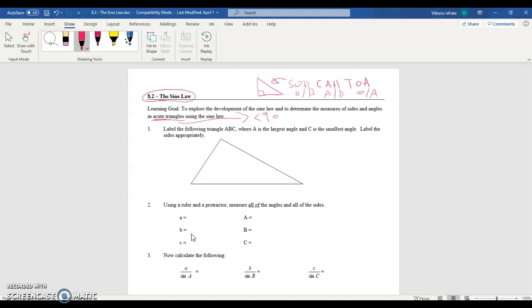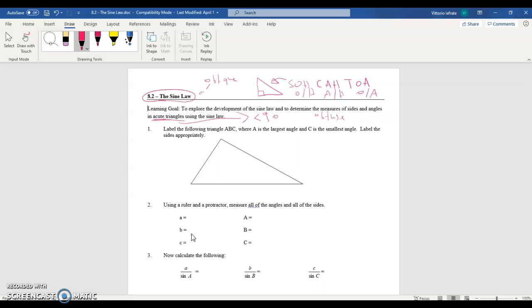So obtuse triangles would be where you have one angle that's greater than 90, and then the rest are less than 90, but they all still add up to 180. If you have a non-right angle triangle, it is called oblique. So oblique would be non-right angle.